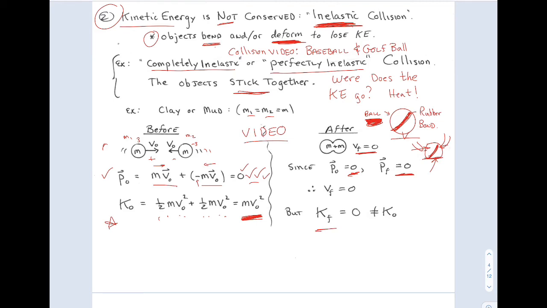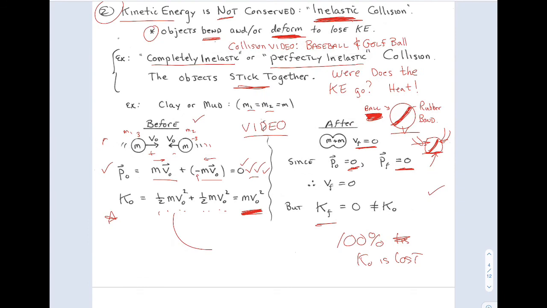Remember kinetic energy is 1/2 mv squared. Final kinetic energy is 0 because they're stopped. So here, 100% of the kinetic energy is lost. In the before picture they're moving, in the final picture it's not moving, so all the kinetic energy is dissipated in the form of heat.